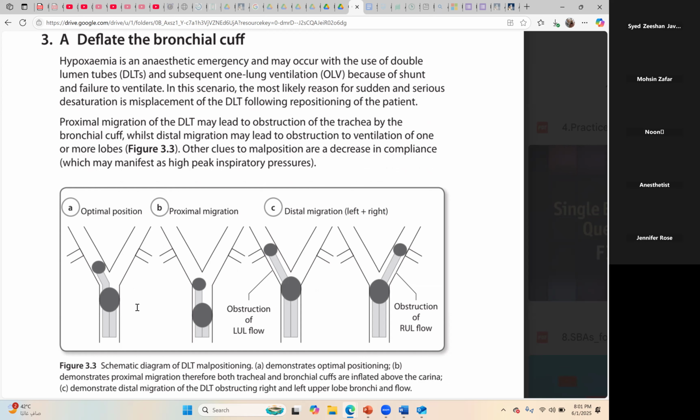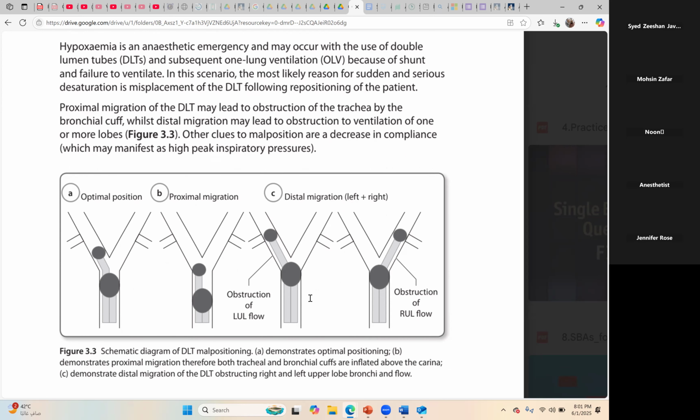This is the tracheal cuff, and this is the bronchial cuff. So if it proximally migrates, it will obstruct. If it distally migrates, there is obstruction of right upper lobe flow, or left upper lobe flow.